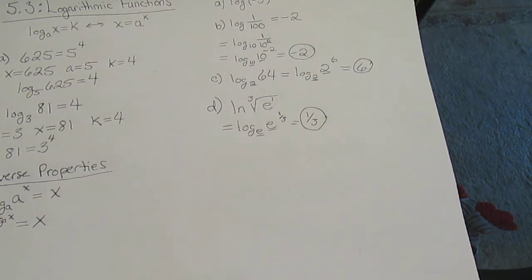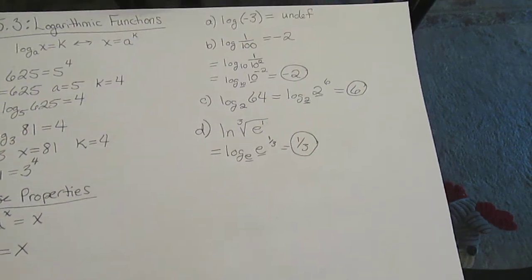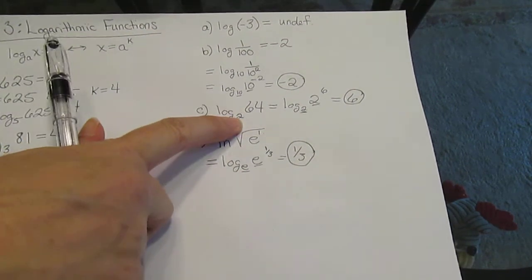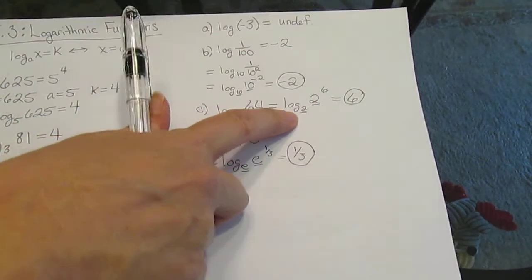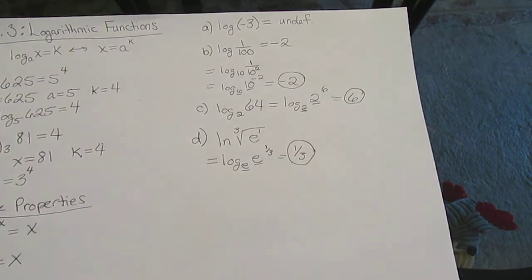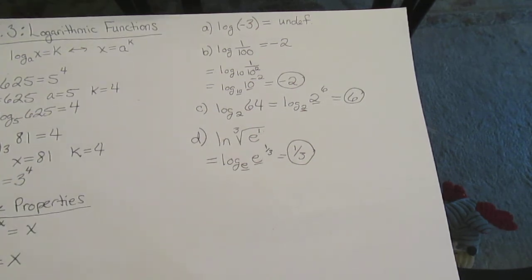Okay. All right, well, this is all great if you can manipulate it so that the numbers match. But sometimes you have such crazy numbers that you can't get those two numbers to easily match. There's got to be another way to do it. Well, there is. It's called the change of base formula.